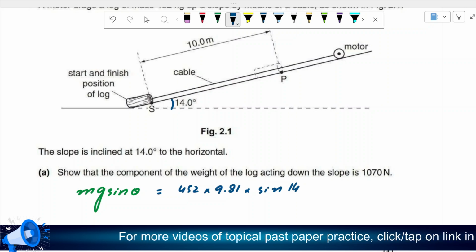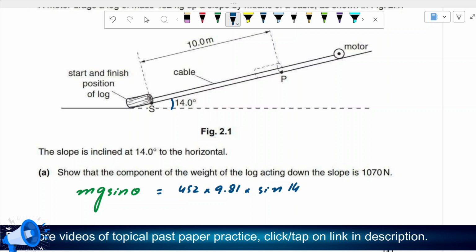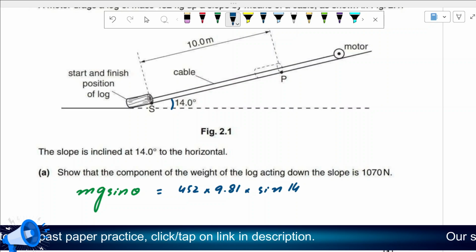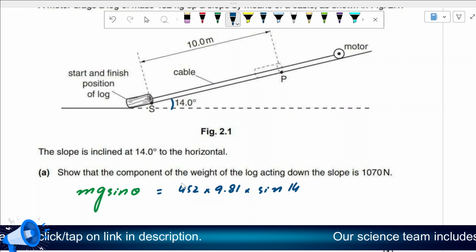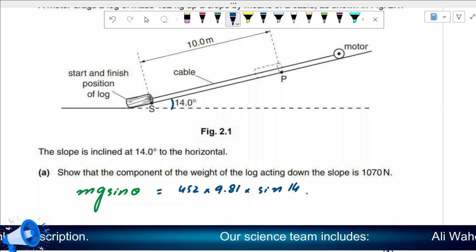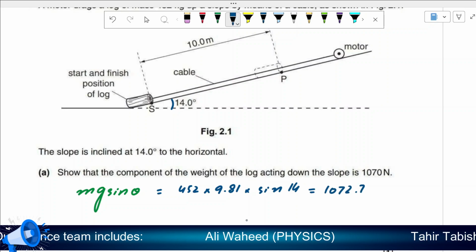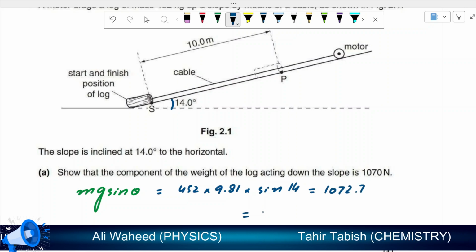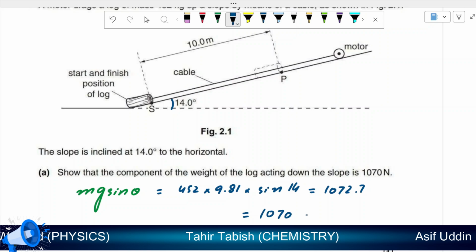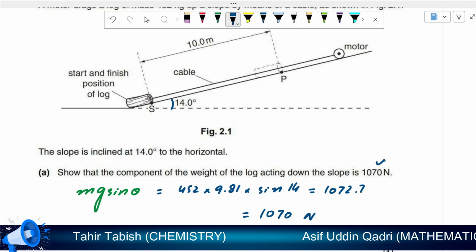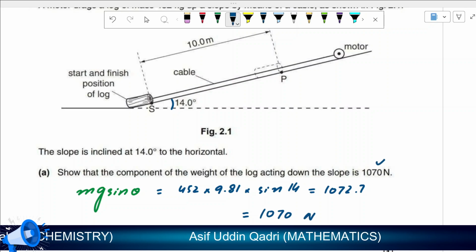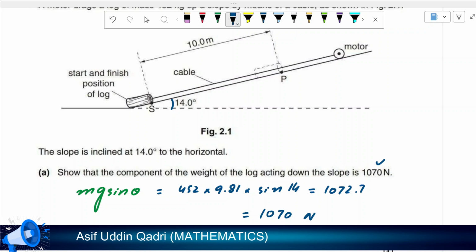So mg sine theta would be 1072.7, which in 3SF can be rounded off to 1070. So let's move on to the next one.